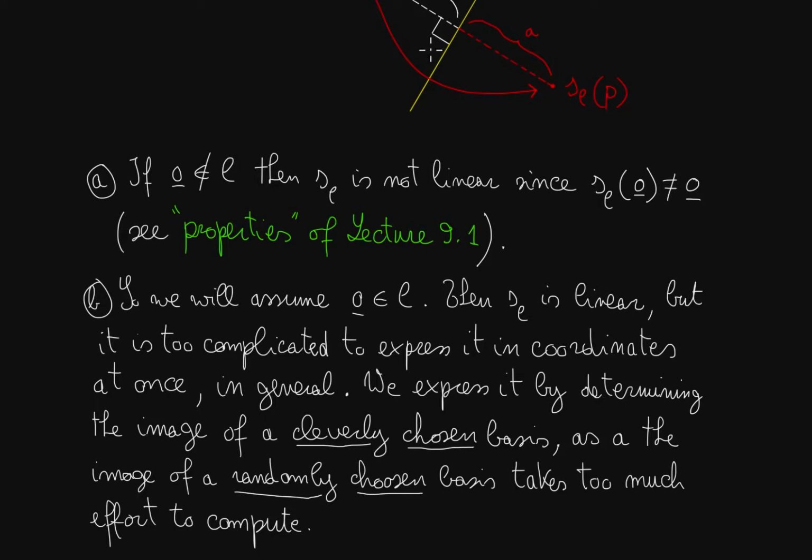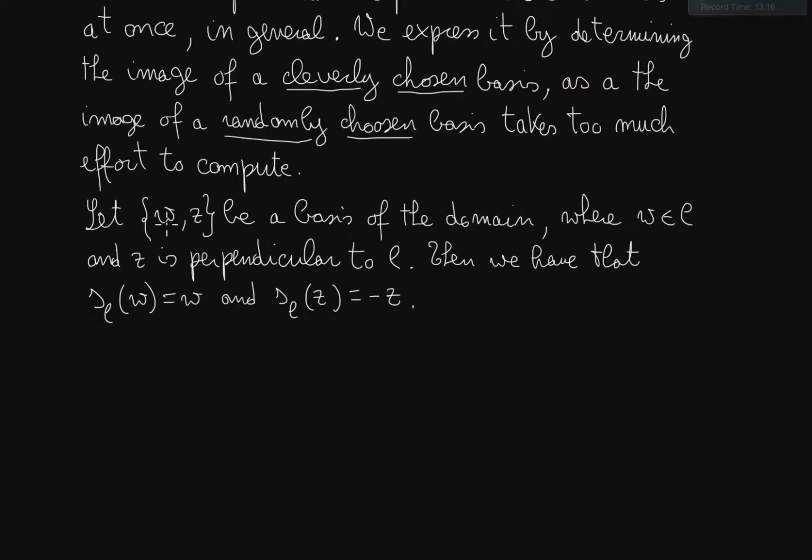While we can make our life much easier choosing a specially designed basis for this situation, this linear map. Let W, Z be a basis of the domain where W belongs to the line L and Z is perpendicular to L.